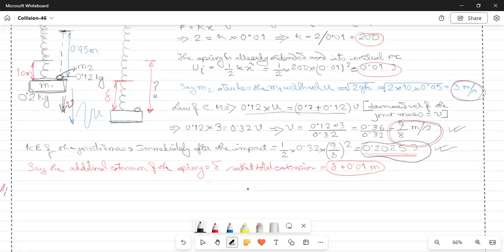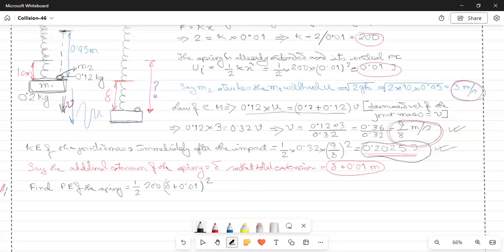The final potential energy of the spring is equal to half K, which is 200, into delta plus 0.01 whole square. This is the final potential energy of the spring.